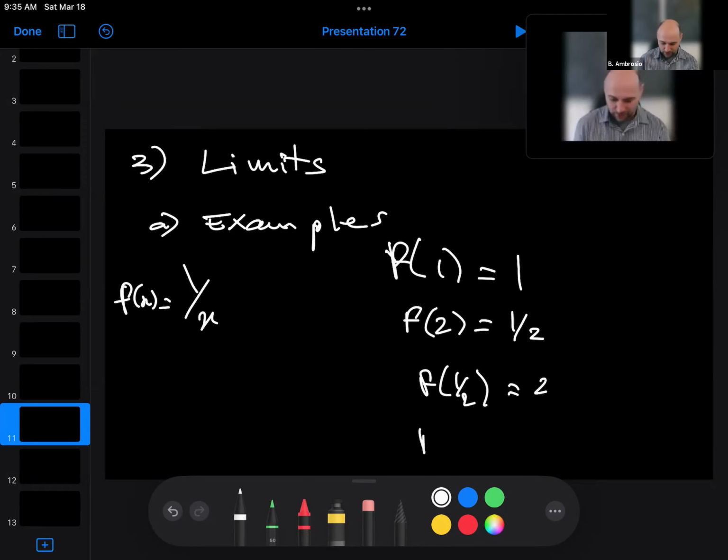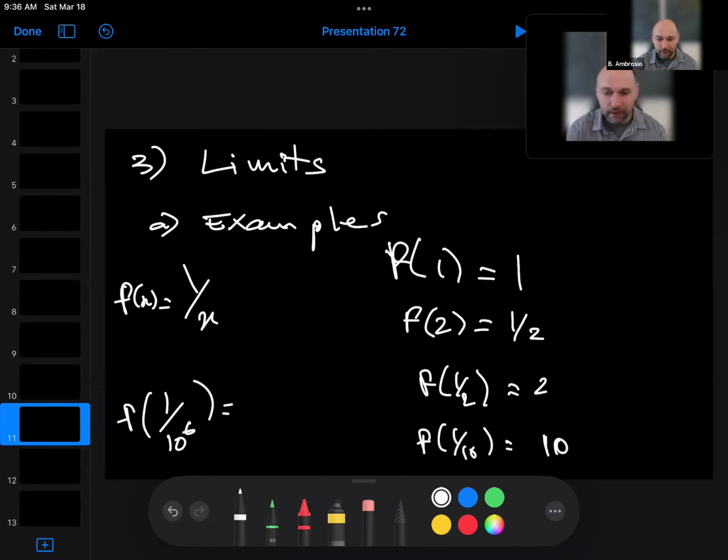And f of 1/10? So Leslie said f of 1/2 is 2. That's right. f of 1/10 is 10. Thank you. All right, f of 1 divided by 1 million. 1 million is 10 to the power 6. Can somebody tell that?